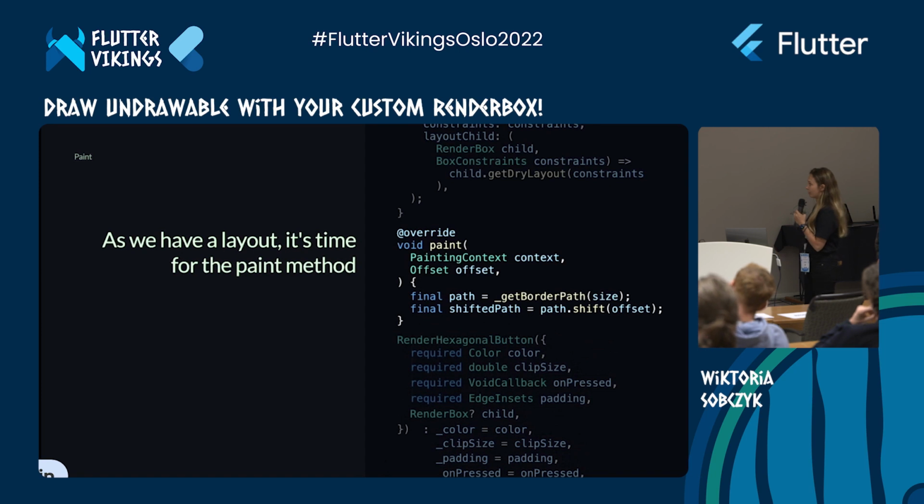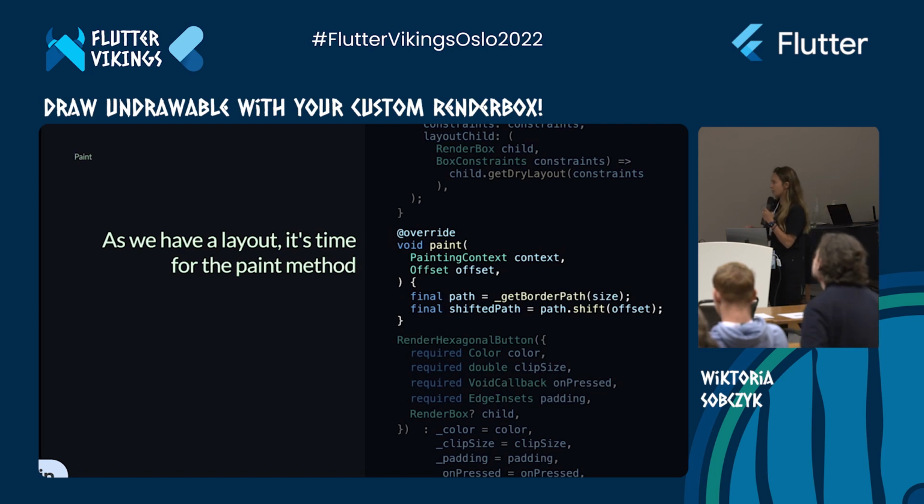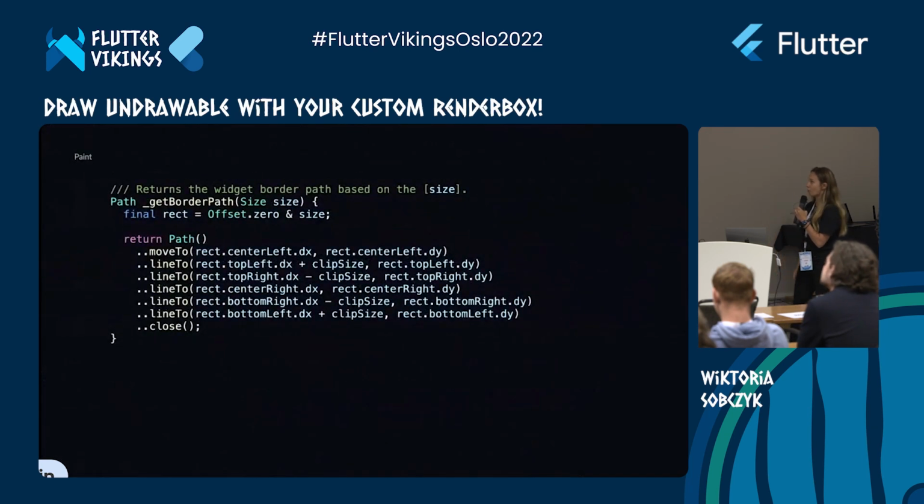We have a helper method getBorderPath that describes the shape of our button, and in the other shiftPath variable, we only shift our path by using our offset that we have from our parent widget. Let's take a look at our getBorderPath. This is the typical path that creates our hexagonal button shape, and that's it.